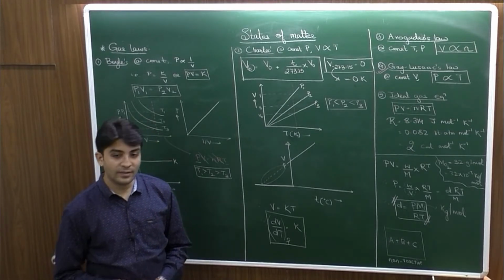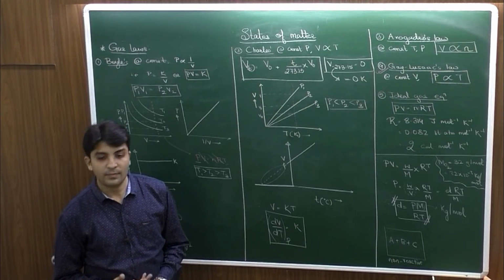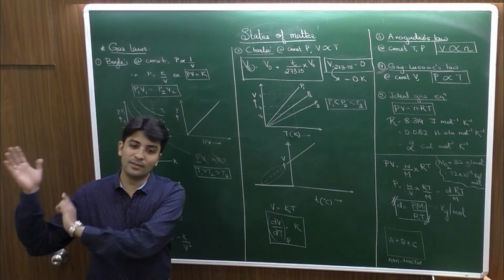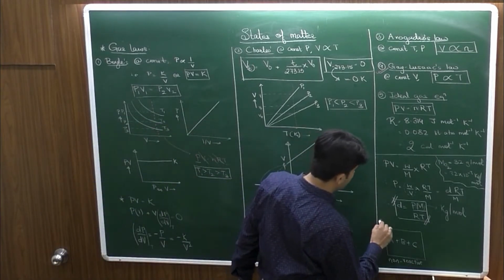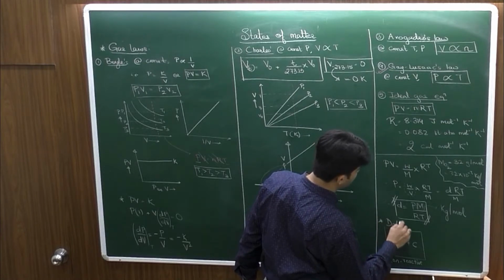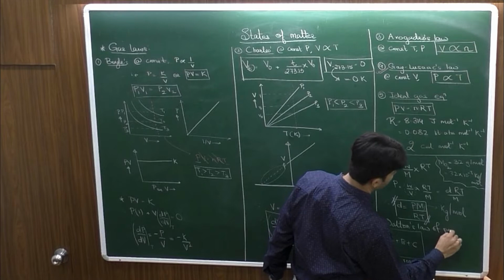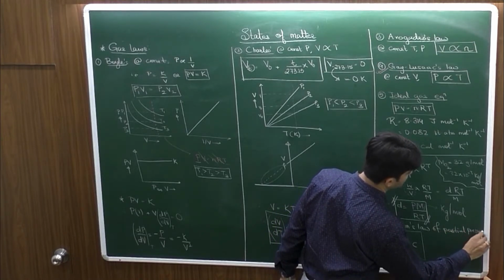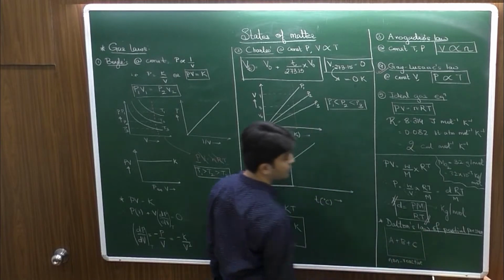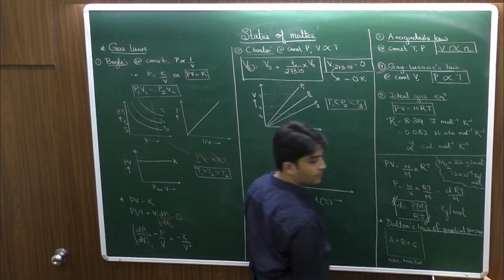These partial pressures are in turn related to the total pressure as mole fraction into total pressure. This is nothing but the Raoult's law which we have studied, but here the name given is Dalton's law of partial pressures. So we have to substitute 32 into 10 to the minus 3. Yes, this molar mass has to be in kilogram per mole.